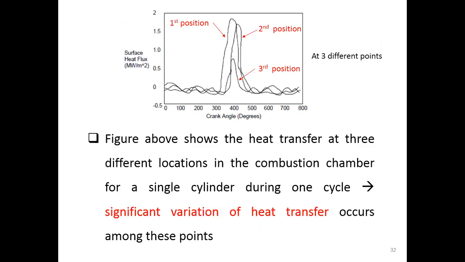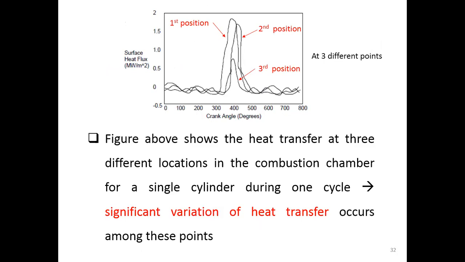But when you look at different points, then you see how difficult it is. For different points, like the three points showing here, you can see that different locations show different amounts of heat transfer.